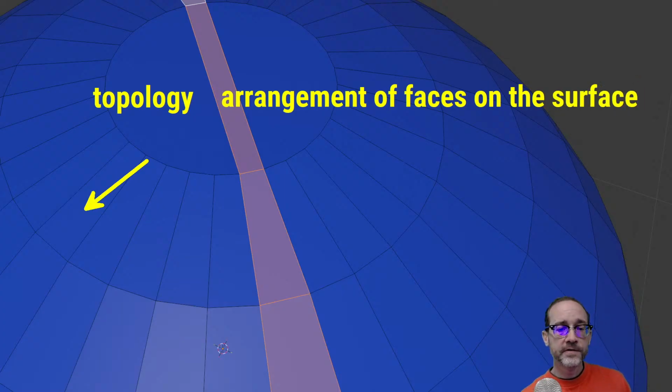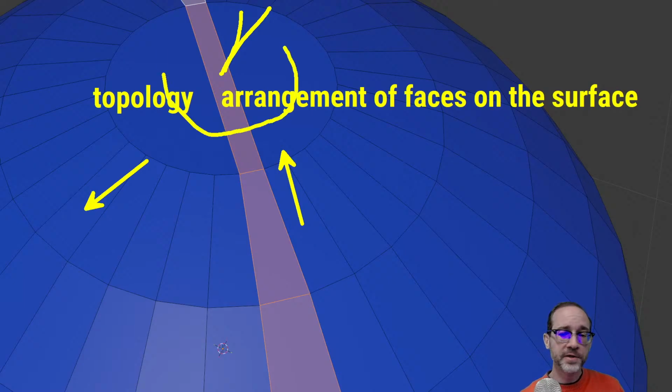The surface itself hasn't changed substantially up here on the top. It was a flat circle made up of radial tris. Now it's just a big flat n-gon. So the surface is the same, but how we divided up that surface has changed.